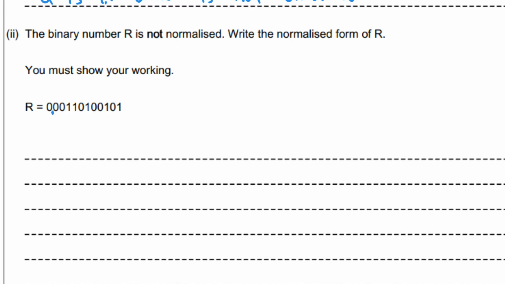Where are we going to have to move the point for it to become normalized? We have to move it to the right by how many places? There we go, once, twice, and then we can rewrite it. Now, I didn't actually read from earlier, presumably we're still under 7-bit mantissa, 5-bit exponent for this. But let's just write out the mantissa.